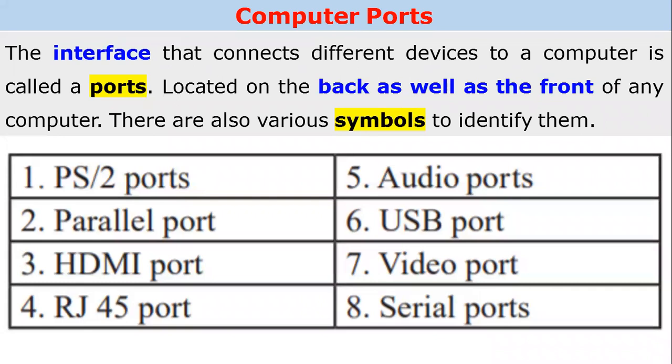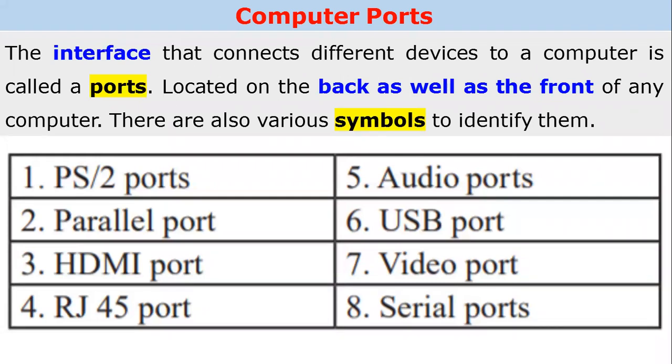Normally, ports are available on the front side as well as the back side of the computer. Think about a desktop computer, not a laptop. Normally some ports are available on the front side, but many ports are available on the back side. Also, symbols are available to identify the ports separately.